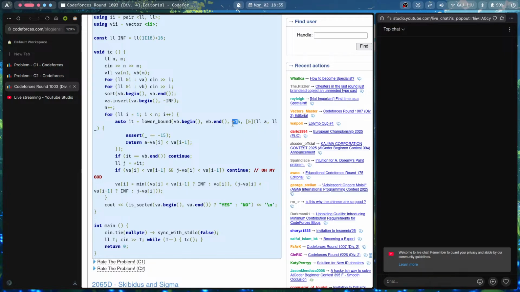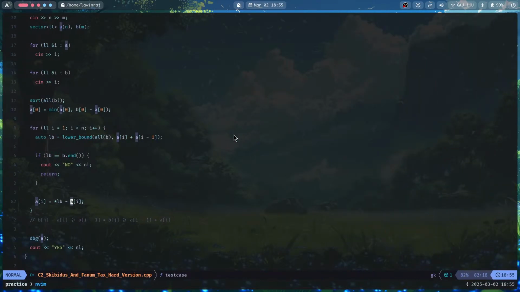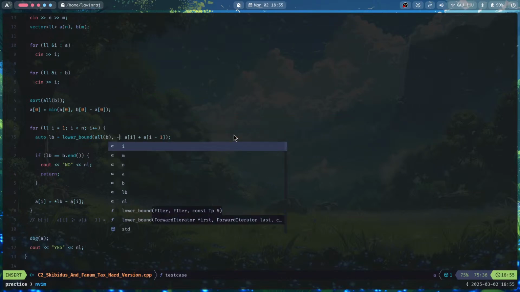What is this, man? What do you mean by negative 15? Anyways, let's say negative 15.